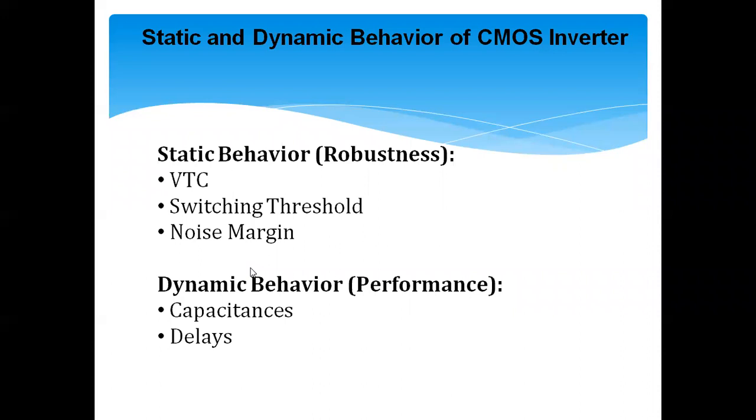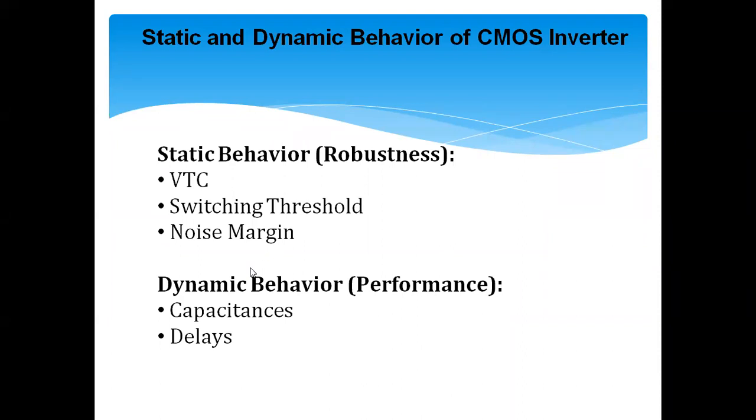And why are we studying the dynamic behavior? We study the dynamic behavior to check or analyze the performance of a CMOS inverter. The static behavior analysis tells us how robust the CMOS inverter is. And to check the performance of the CMOS inverter, you have to study the dynamic behavior.